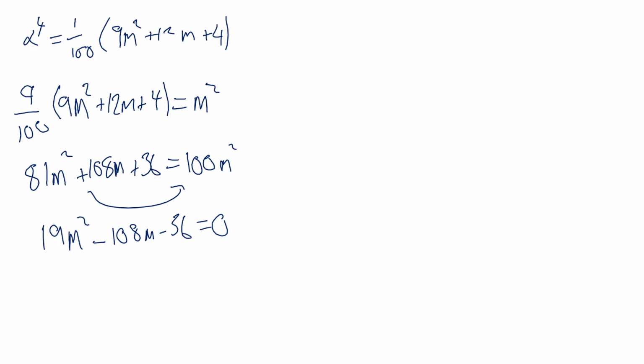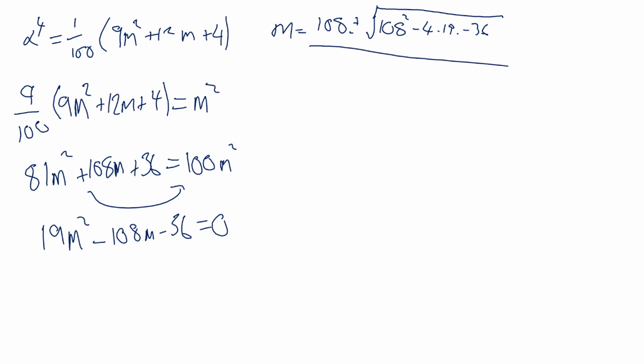So we're going to do minus b, so minus of minus 108 is positive 108, so we're going to say that m equals 108 plus or minus the square root of 108 squared. I'd write minus 108 squared, but it doesn't really make a difference. Minus 4 multiplied by 19 multiplied by minus 36, all over 2 lots of 19, which is 38.